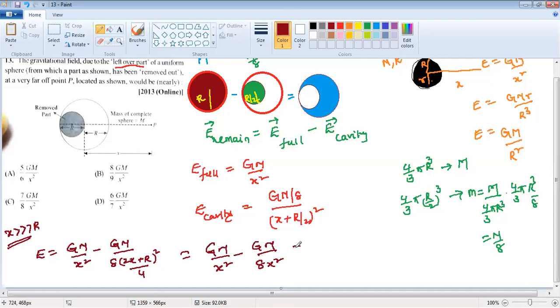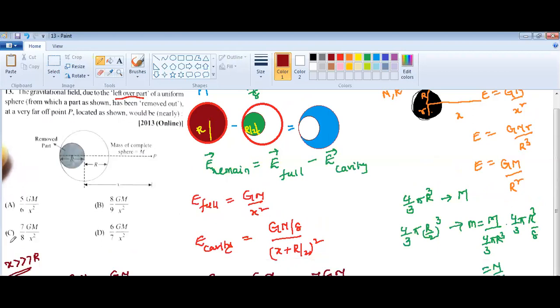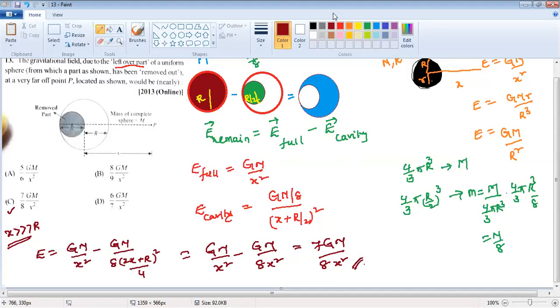So GM by x square minus GM by 8x square, we will get the answer 7GM by 8x square. This is the answer. So which one is the right option? Option C is the right one.